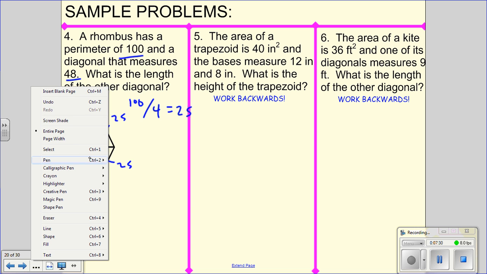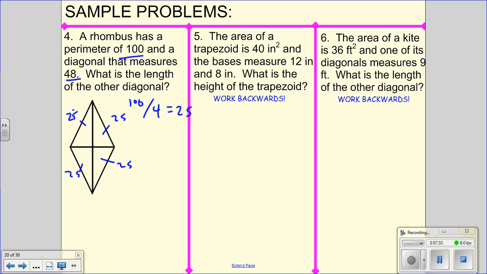And then it tells us about one diagonal being 48. It doesn't matter which one you choose. So let's say it's the longer one, just for kicks. And again, it's split into pieces. So that means half of it, 24, is up here, and the other half, 24, is down there. It wants us to find the other diagonal.